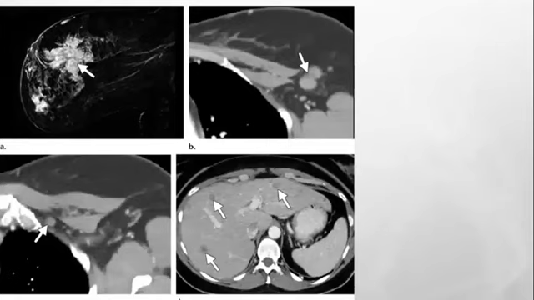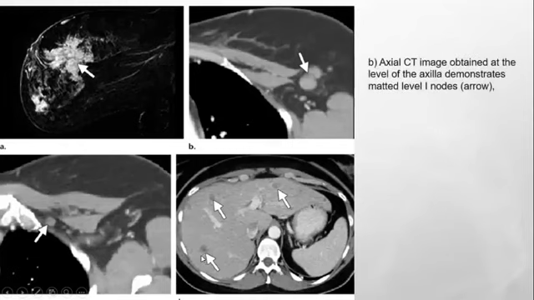Okay. What about these patients? This is an extensive malignant process within the breast. On the CT, this is level 1, and this is level 3, and this is hepatic metastasis.